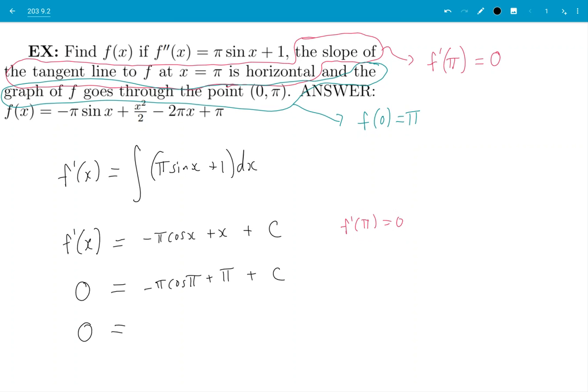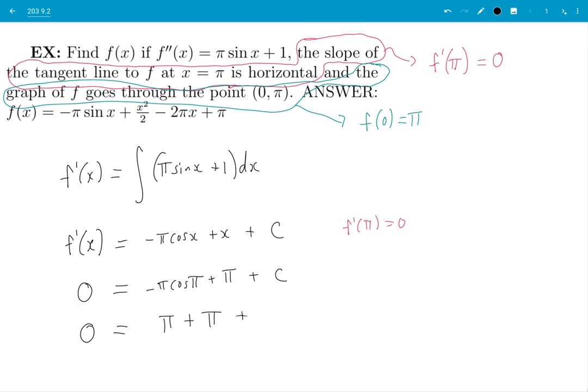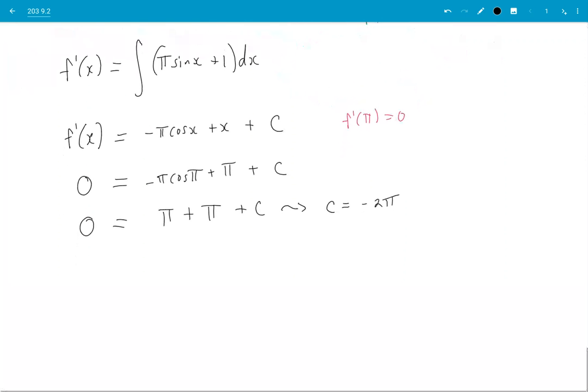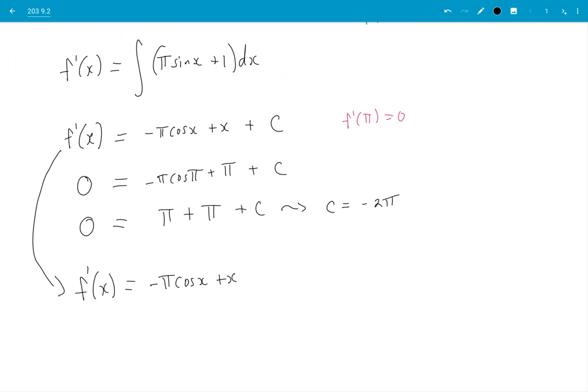So 0 is equal to pi plus c. So we get c is minus 2 pi. I would continue on from here. f prime of x is minus pi cos x plus 2 pi. Okay, we found this c to be 2 pi.